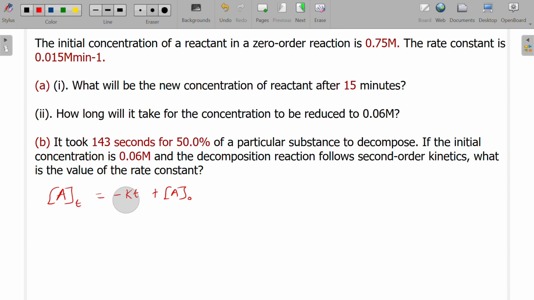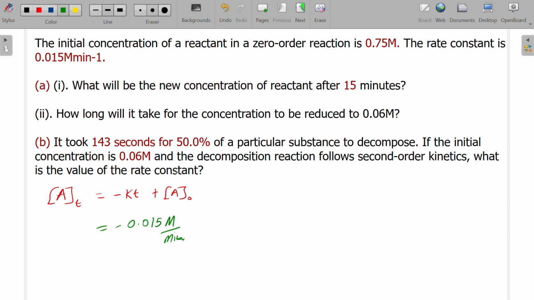We are given the rate constant k. We are also given time to be 15, and we are also given the initial concentration. So all we have to do is just replace. This will be equal to minus our rate constant, 0.015, and this has the units of molar per minute.